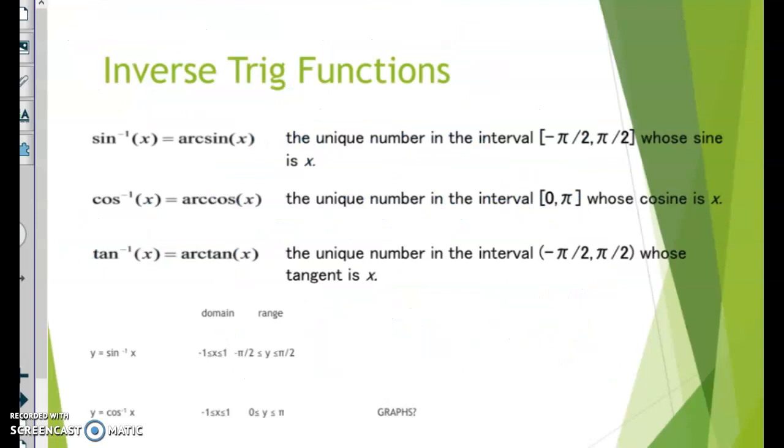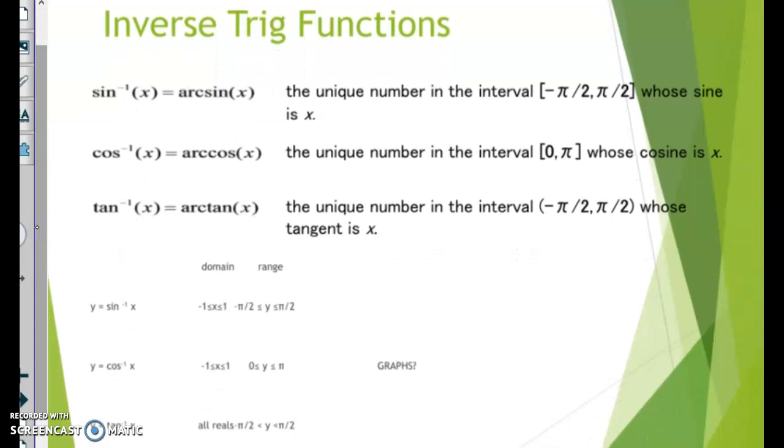Now our inverse trig stuff tells us that we have limitations, and we know that our sine can only be in the first and fourth quadrants, so that's why we have the negative pi over 2 to pi over 2. The cosine is from 0 to pi, first and second, so this is first and fourth, not sixth.